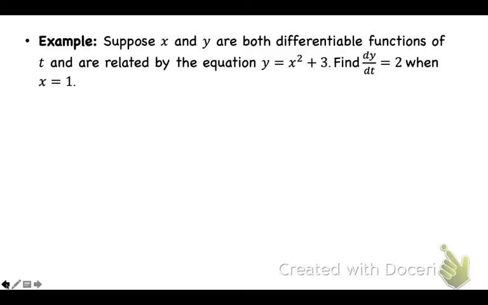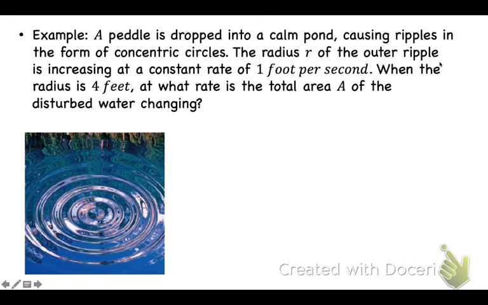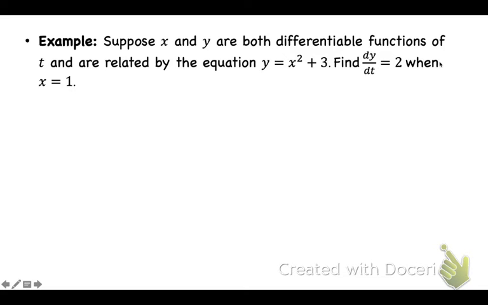And I think I typed it wrong again. This is what I get when I'm trying to do two things at one time. Oh, find dx dt equals 2 when x is 1. Okay, so let me rewrite all this. I know what I did.